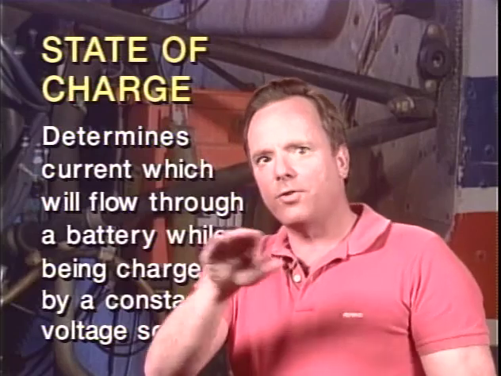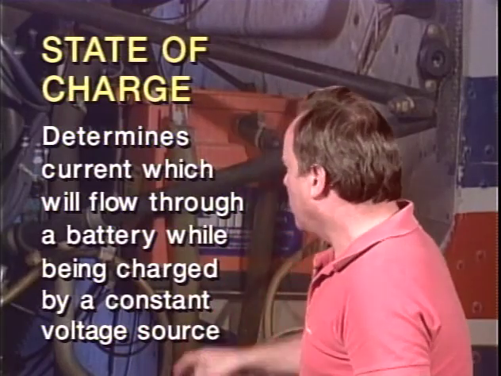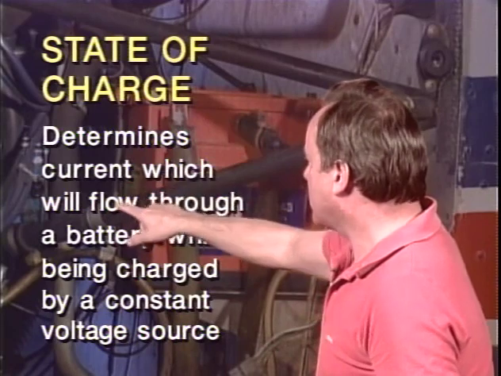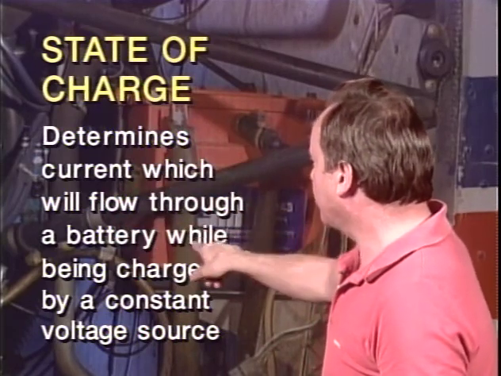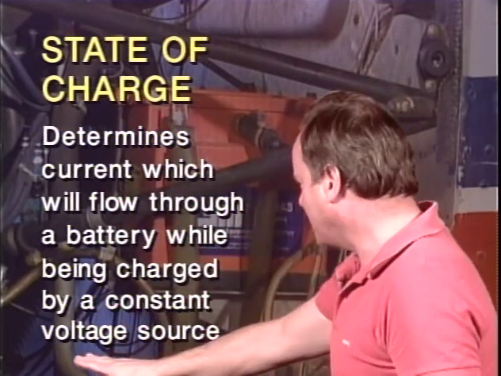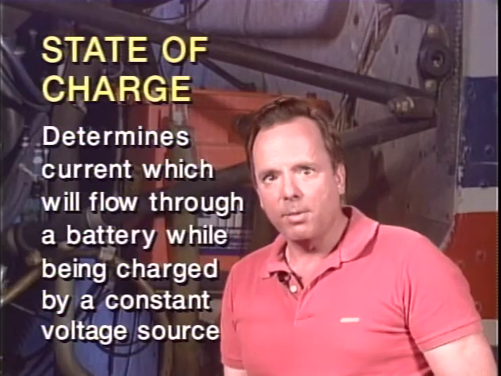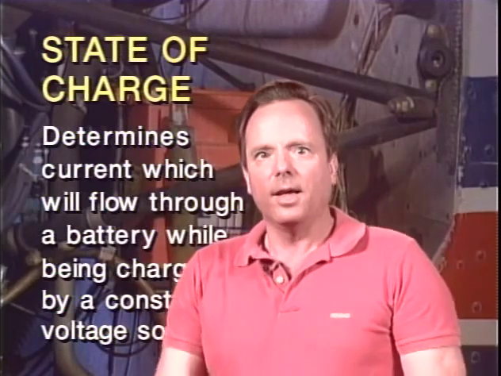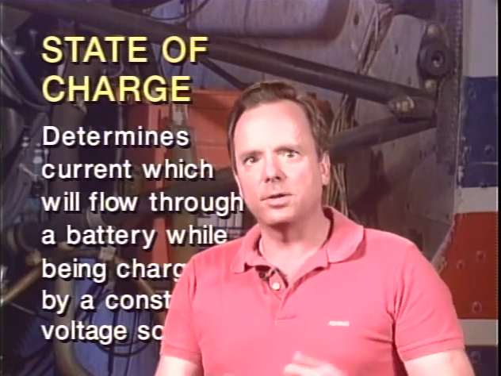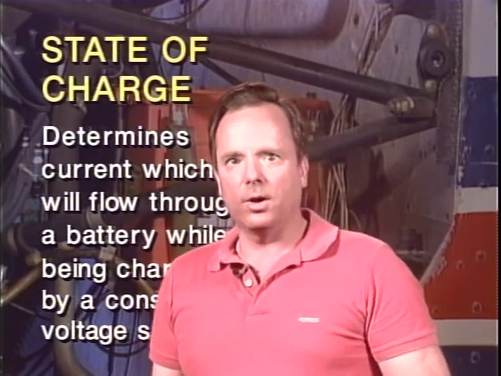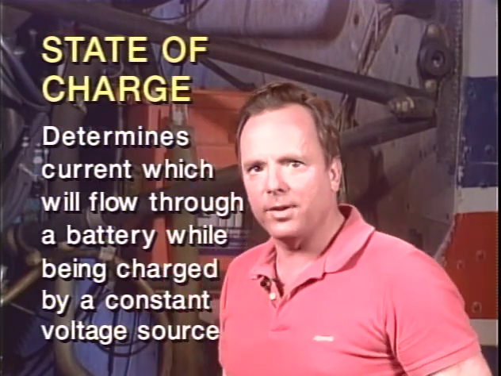But when it's charged, very little current flows into the battery. So it's the state of charge that determines the current which will flow through a battery while being charged by a constant voltage source. By the way, the other way you could charge a battery, and you do this very often on certain batteries, is a constant current source. We'll talk more about that later on.